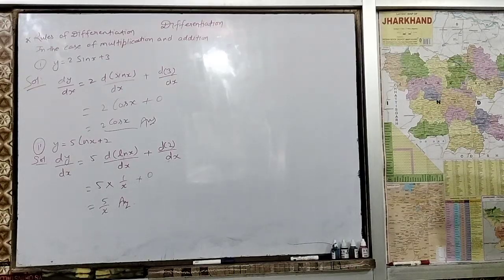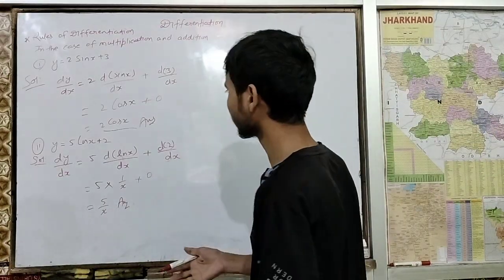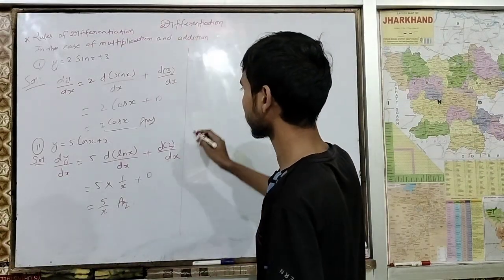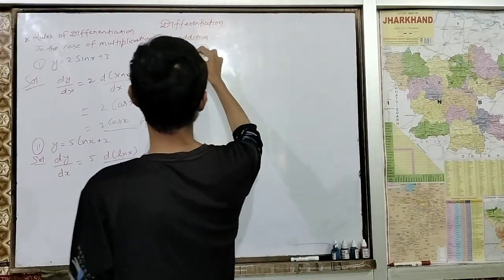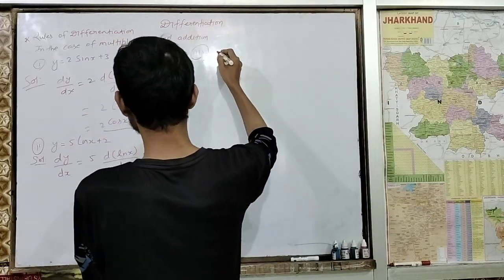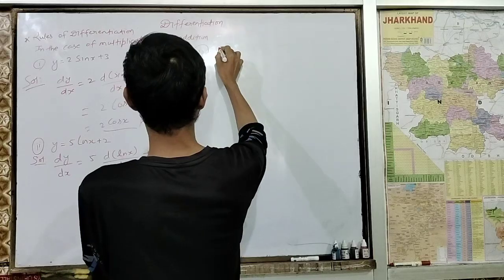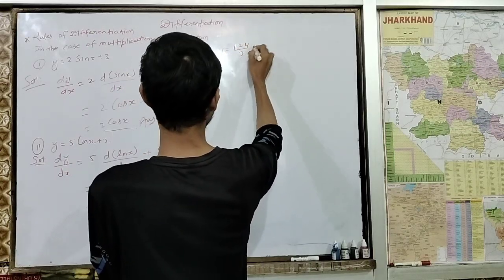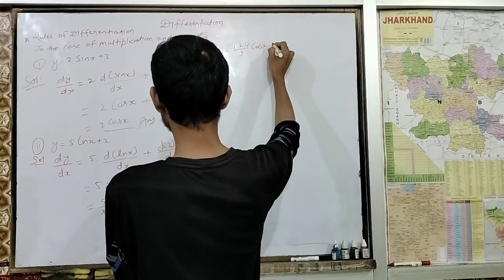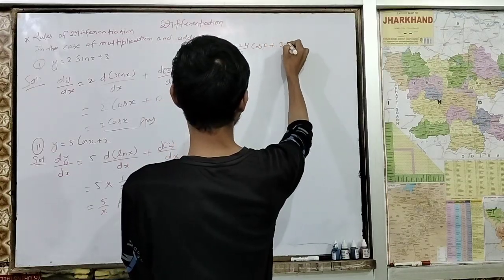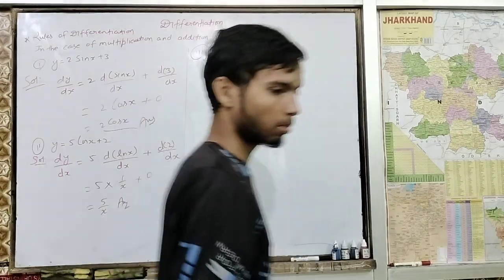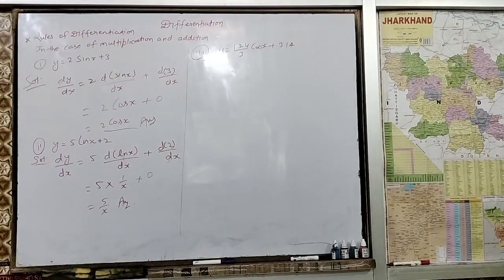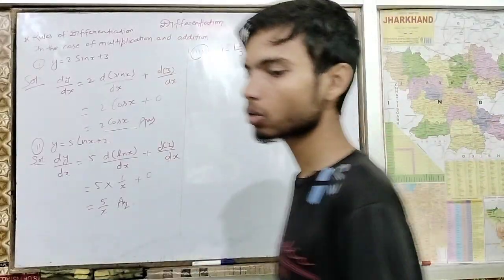Next one is a little bit different from this. A decimal number is coming as well as a fraction. But I am telling you, this is not difficult.